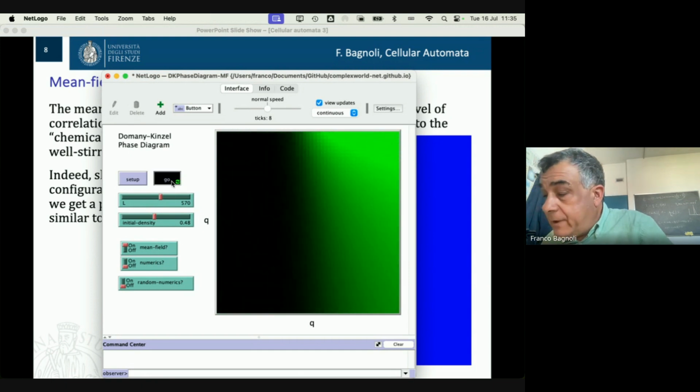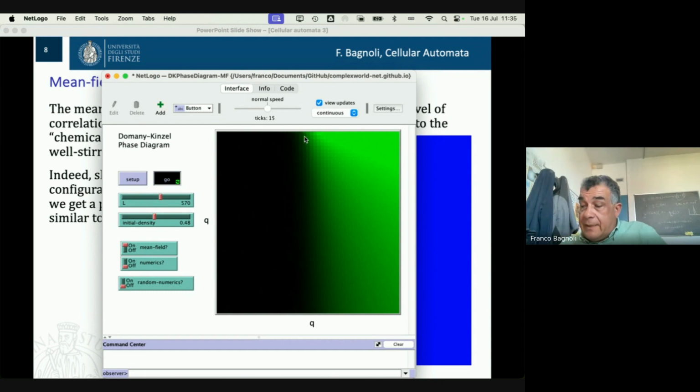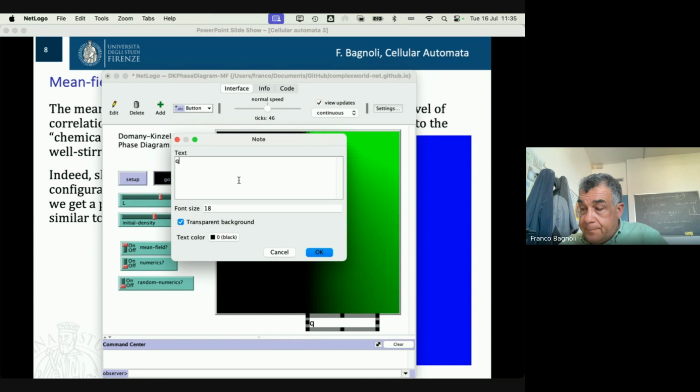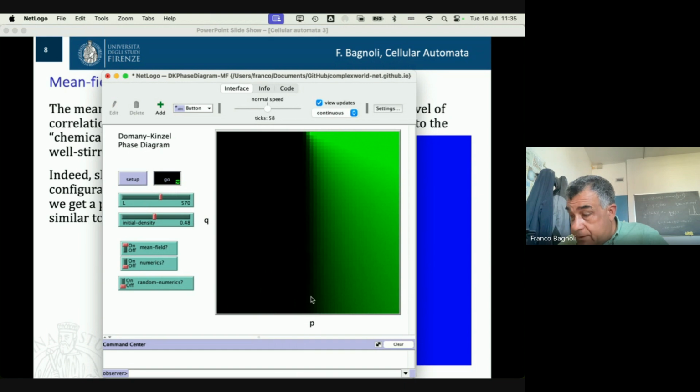And for the mean field equation, I find here the separation. Oh, this is P, not Q. For P equal 1/2, you see, here clearly the density is near 0, so we don't see much. But this is essentially the transition from 0 to different from 0.